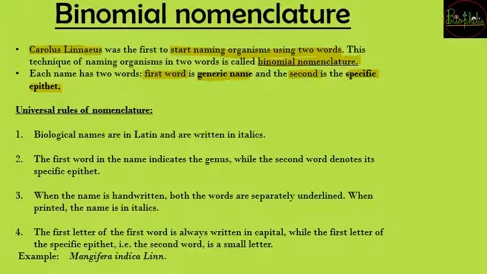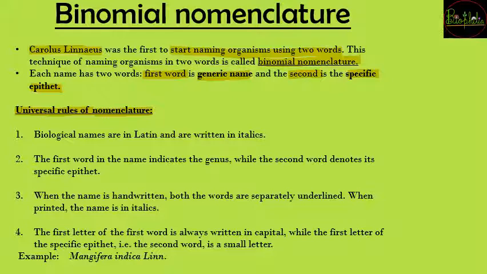Now, what were the rules that he had kept in his mind to give the names, that is to nomenclate each and every organism? So there are some universal rules that each and everyone has to follow when a new organism has to be given a name or whenever you are using that already given scientific name. So यहाँ पे 4 rules है. So you have to remember these 4 rules whenever you are using the binomial nomenclature scientific names.